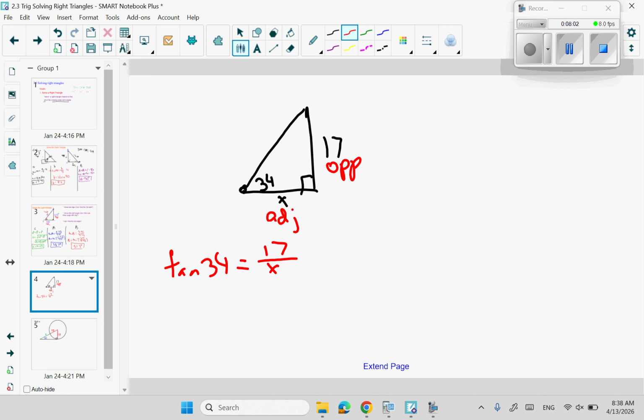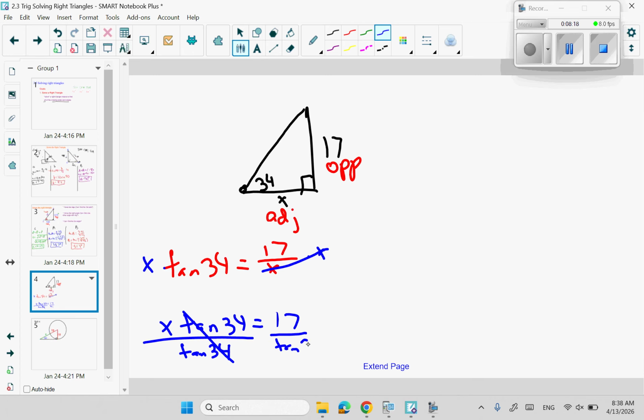You always, always, always multiply by the denominator. So I get x tangent 34 equals 17. And then I would divide, in this case, by tangent of 34. So in my calculator, I would type 17 divided by tangent of 34. So be careful with that.